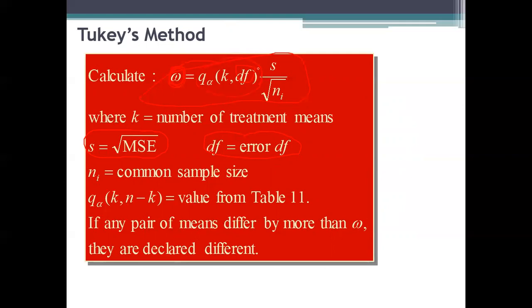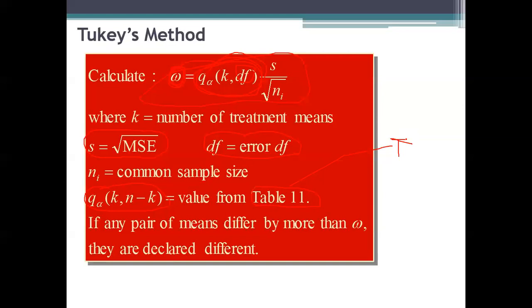To get the value of Q alpha, K, N minus K, we must refer to the Tukey table. I have provided the Tukey table and F table in Putra Blast, so you can upload and refer to them.